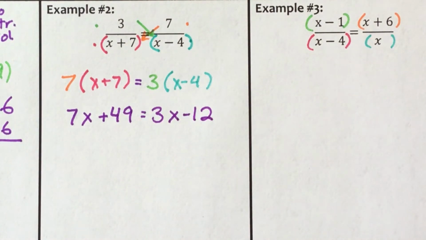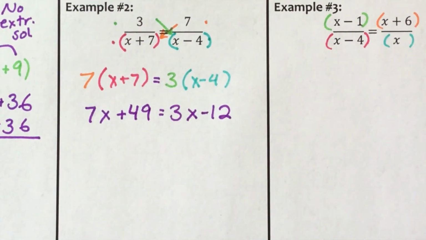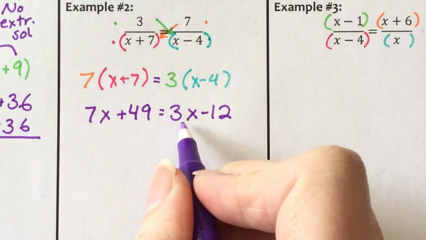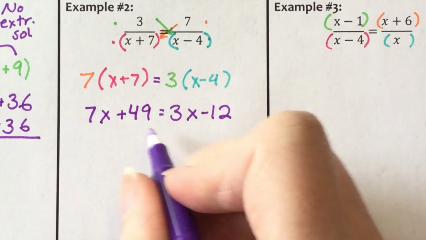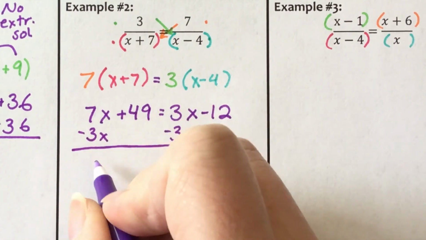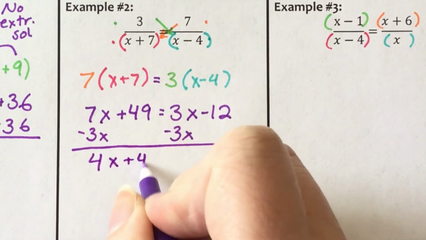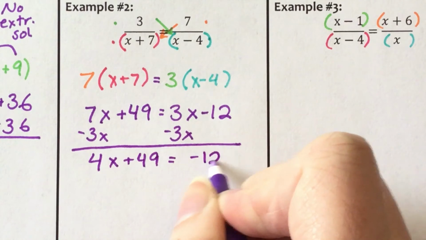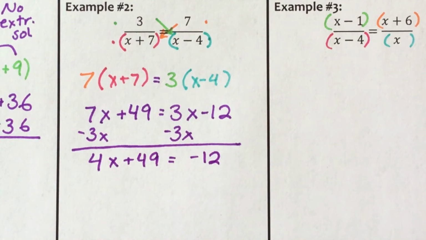Okay, in this problem, we have x's on both sides of the equation, so we do need to make sure that all x's get moved to the same side. So let's subtract 3x because it's smaller than 7x, minus 3x, minus 3x. So we have 4x plus 49 equals negative 12. And now we have this two-step equation.